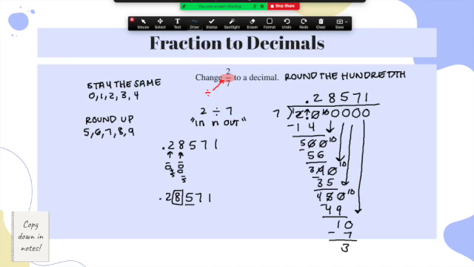So since we have the number 5, that means I'm rounding up. So my 8, the number that's being boxed, is going to round up by 1. So we would get 29. And whatever is after the box, I don't need it. So my answer here is just 0.29. Cool.